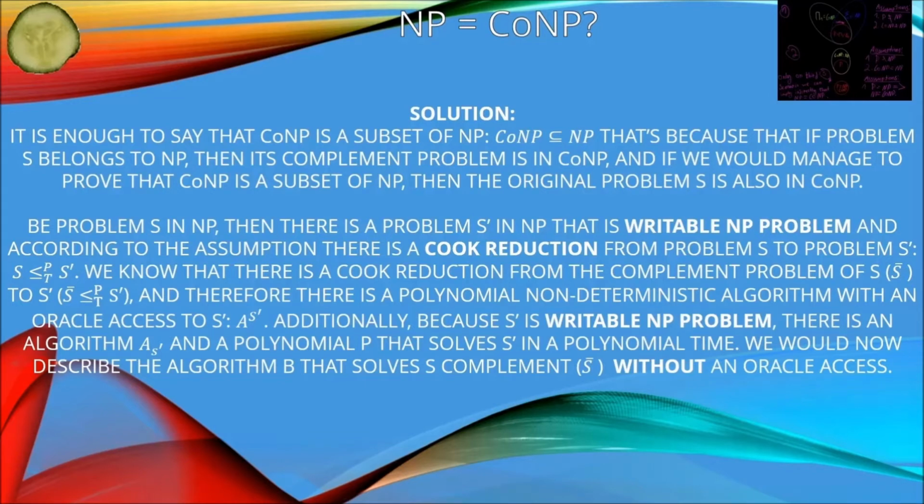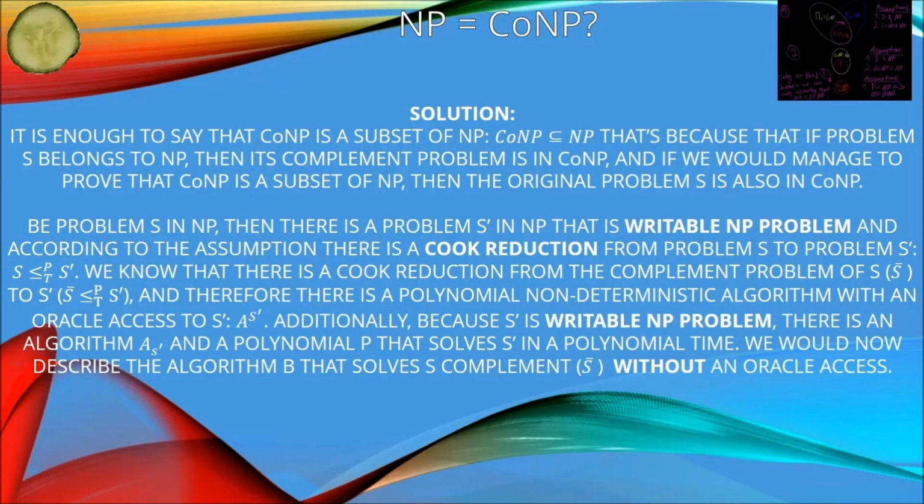Be problem S in NP, then there is a problem S prime in NP that is a writable NP problem. And according to the assumption, there is a quick reduction from problem S to problem S prime. We know that there is a quick reduction from the complement problem of S to S prime, and therefore there is a polynomial non-deterministic algorithm with oracle access to S prime.